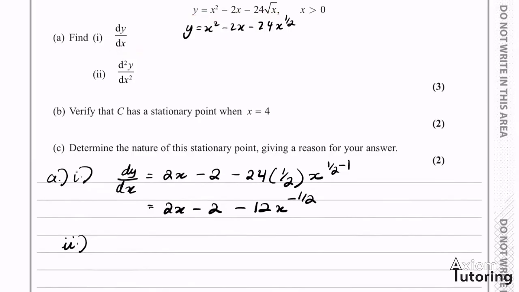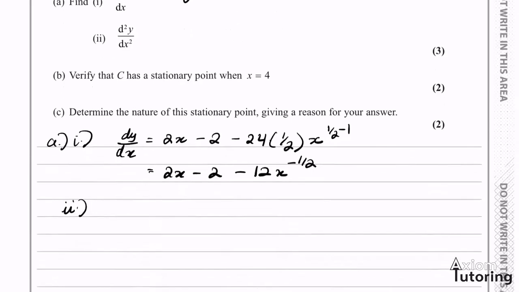So let's just differentiate the first derivative. If we do that, then we're looking at each term here in our dy over dx expression. So then d squared y over dx squared equals, again, differentiating term by term, 2x differentiates to 2.